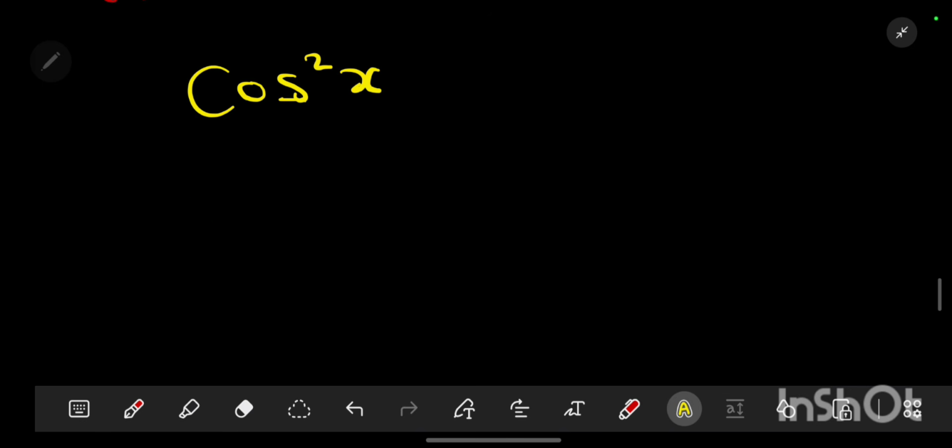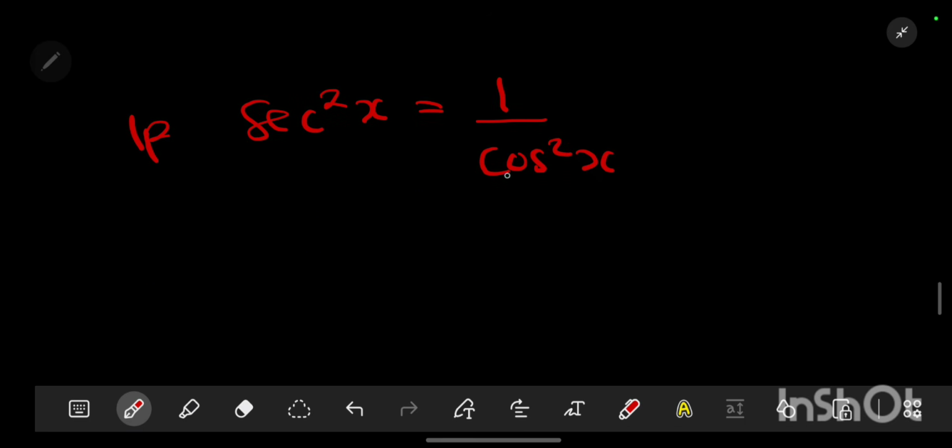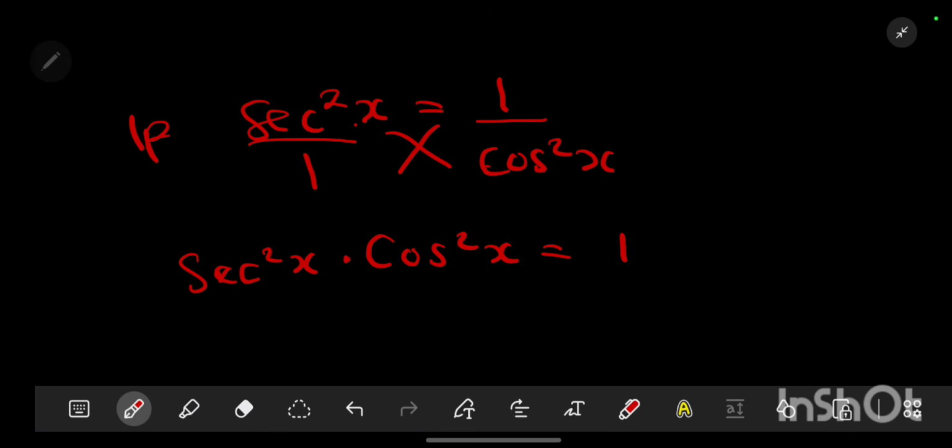Now if we know that the sec squared x is equal to 1 over the cos squared x, remember the sec is associated with cos. This means that to make cos the subject of the formula, we have sec squared x times the cos squared x should be equal to 1.